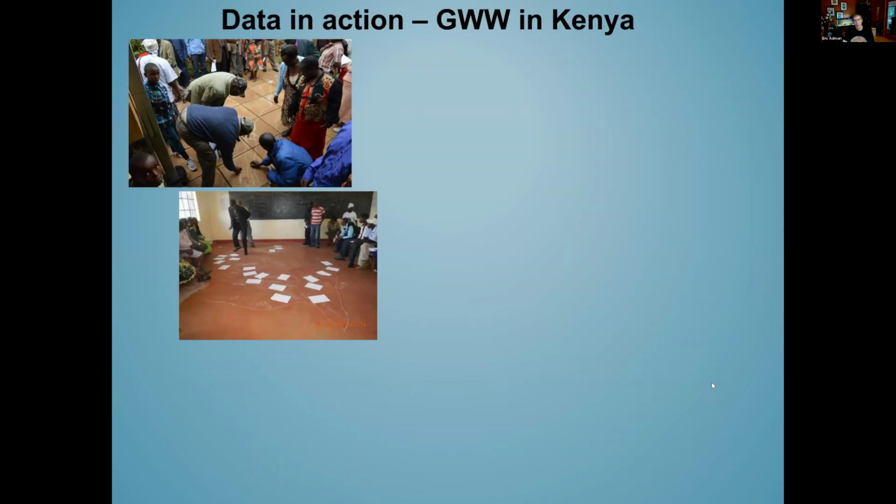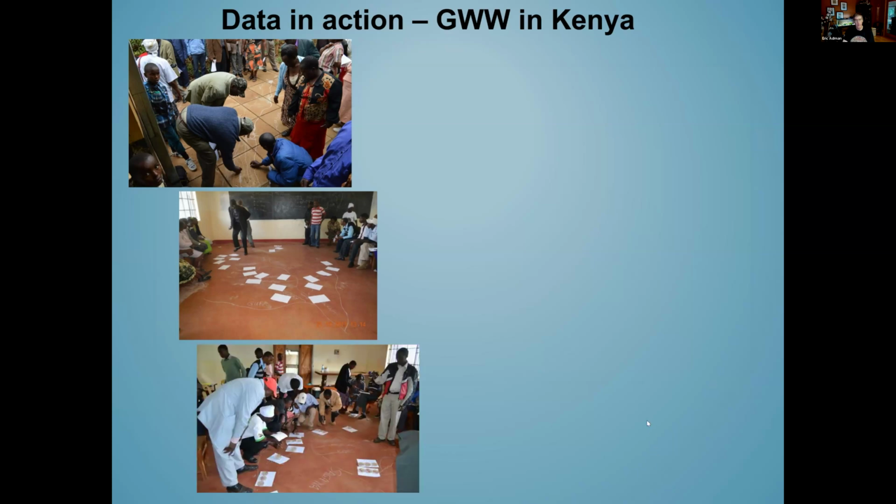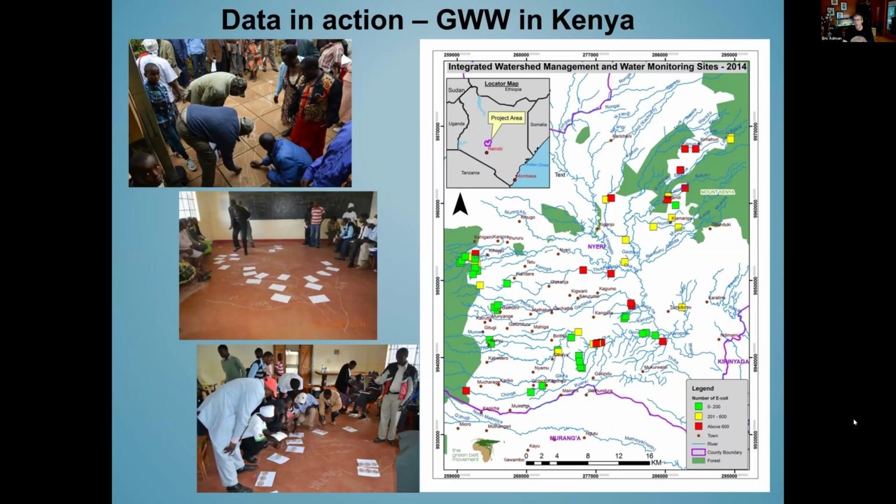In this case, Global Water Watch was working in Kenya, and they created a watershed map and laid out the bacteria so people could see visually, with the samples laid out according to the streams and the watersheds. What did that mean for areas that they're concerned about water quality?